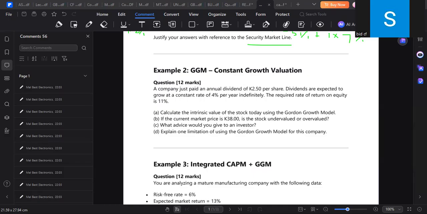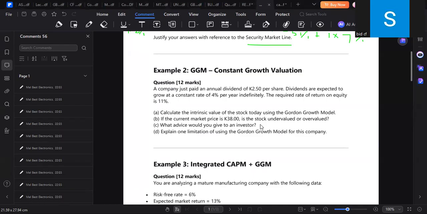So there are two ways. If you want to buy that stock and you discover it's selling for 38 but its real value is 37, don't buy it. But if you already have the stock, sell it, because its intrinsic value is 37. If you haven't bought it, don't buy it. It's overpriced altogether.